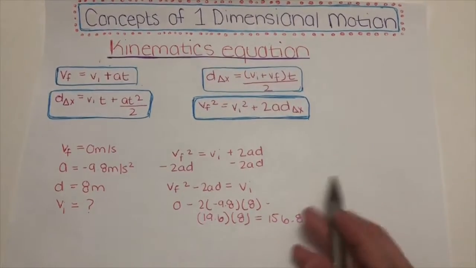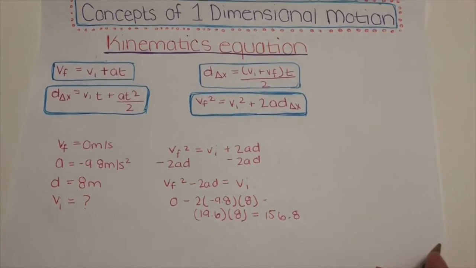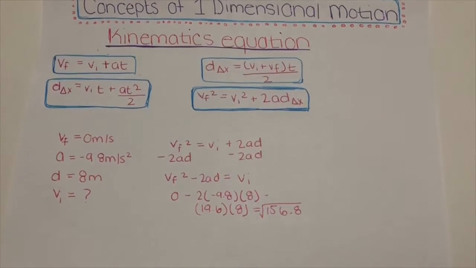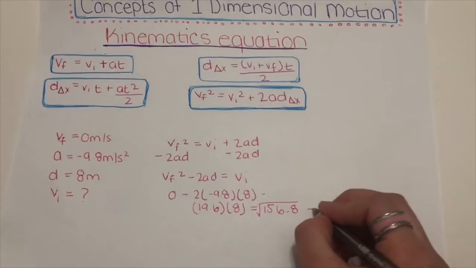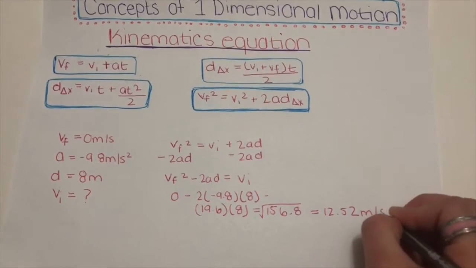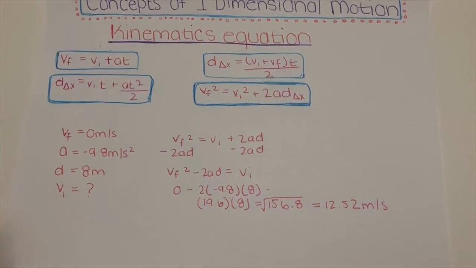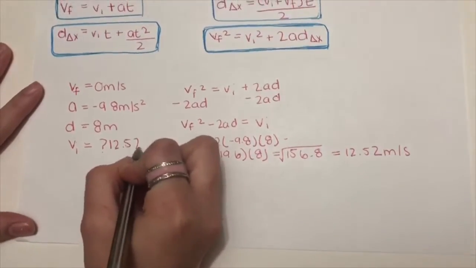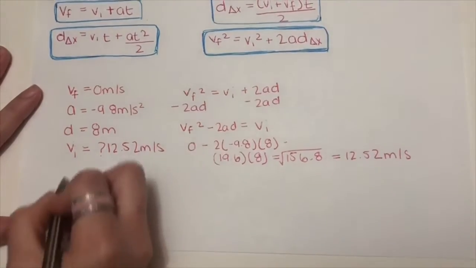And now you're going to square root this, which should give you 12.52 meters per second. Okay, so now that you found the initial velocity, you're going to need to find time.